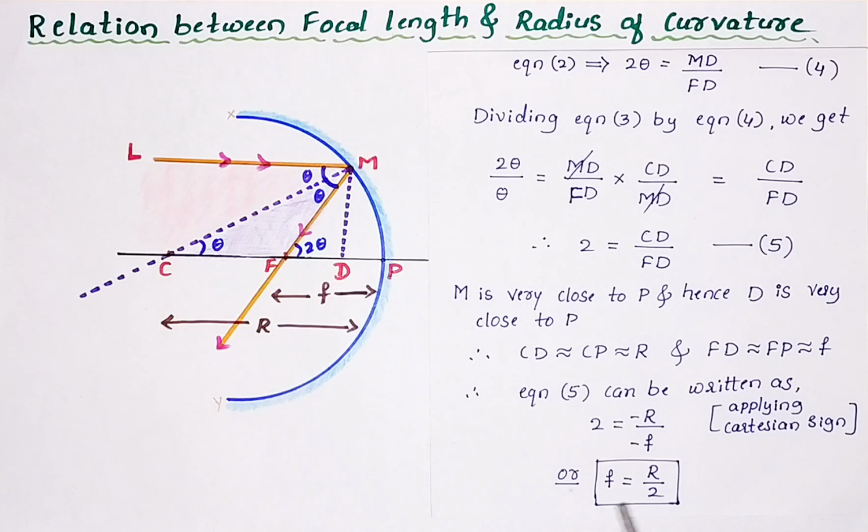So this equation can be written as F equals R by 2. So F equals R by 2 indicates that focal length is always half of the radius of curvature. This is the relation between F and R. Or we can also say that the radius of curvature is twice the focal length of a spherical mirror.